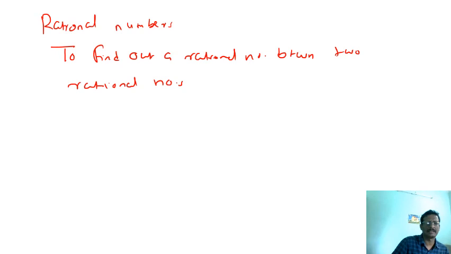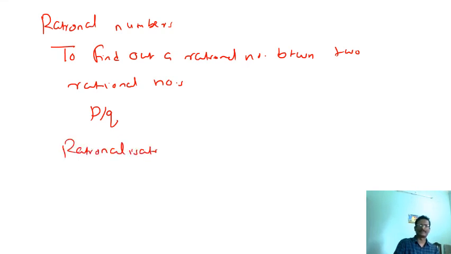Then another is expressing in the P by Q form, that is very important. Then next is rationalization of denominator.